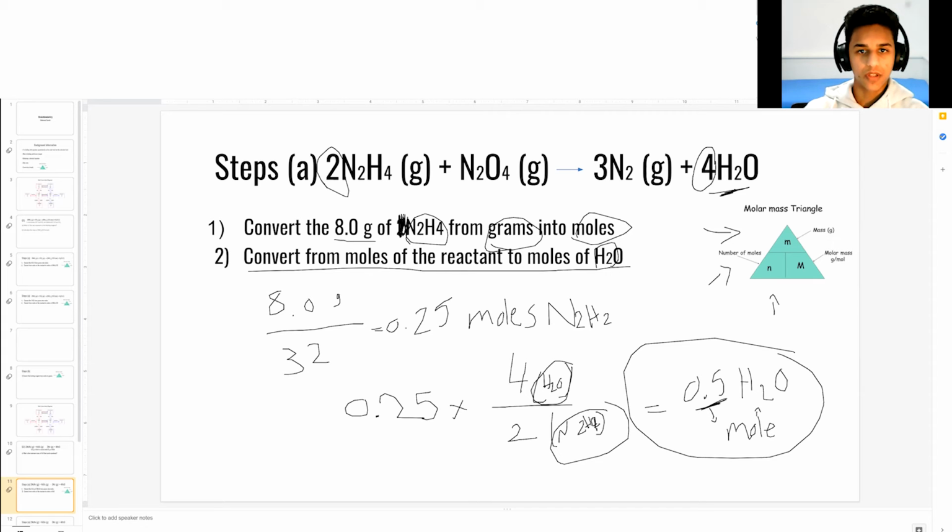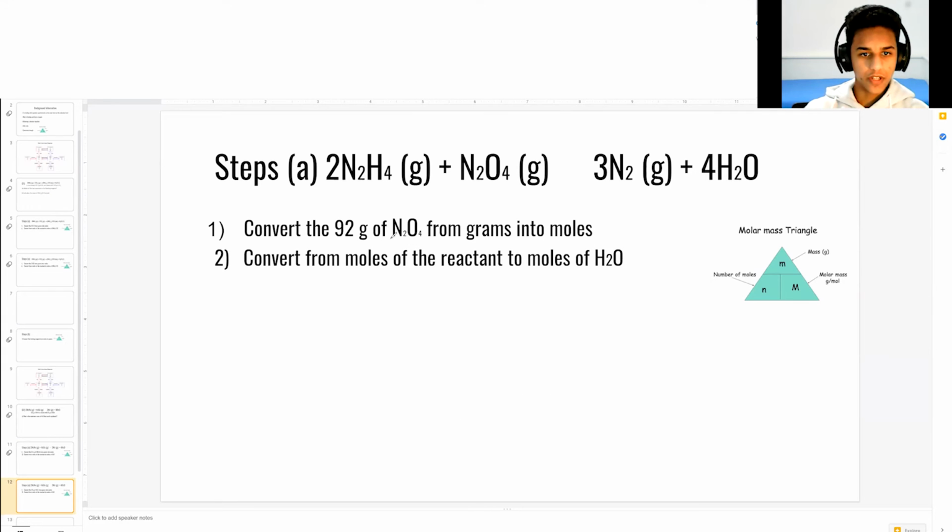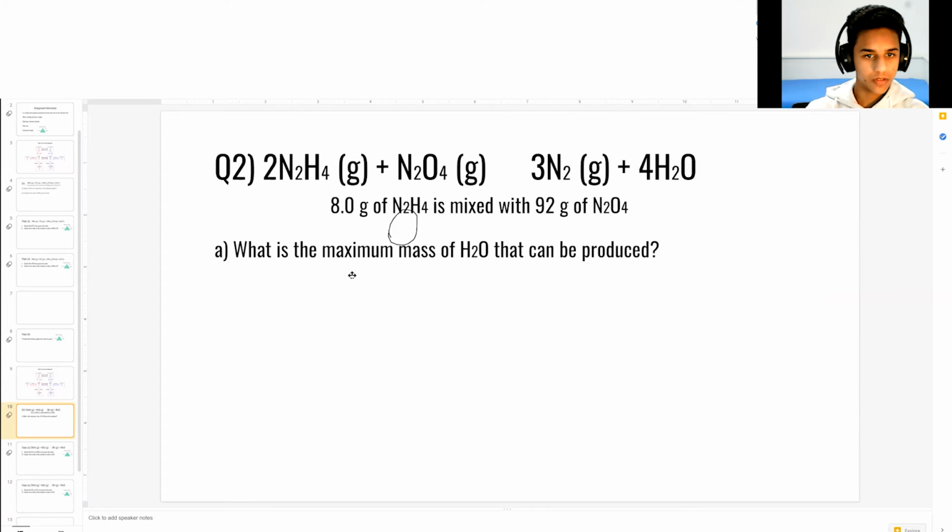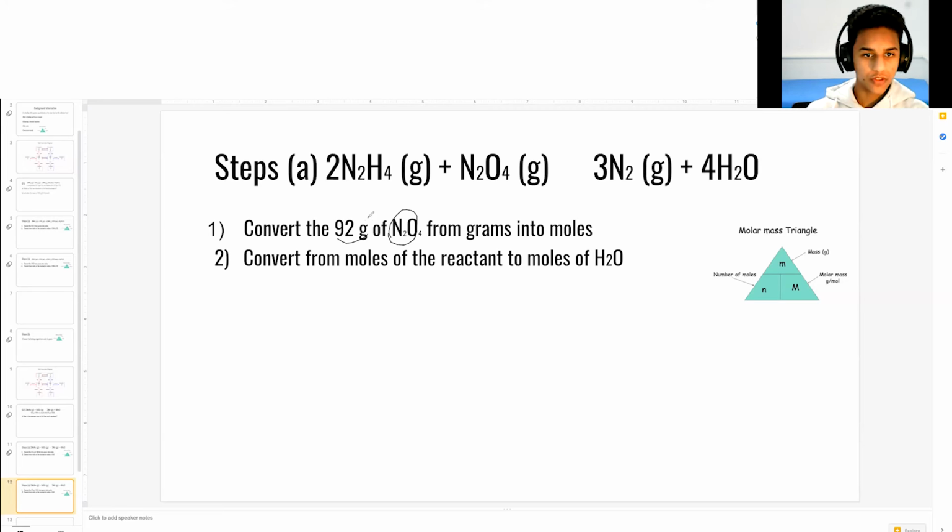Let us now do the second reactant. So the other reactant is N2O4 as given in the equation. We have 92 grams of N2O4, so we put this 92 over here. For converting from grams into moles, here we have the mass in grams, and for getting the moles, we should make the mass over the molar mass. The molar mass of N2O4 is 92 as well.